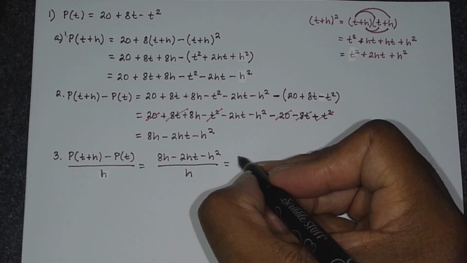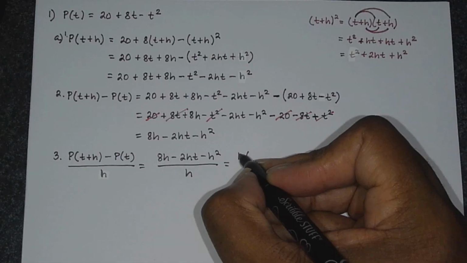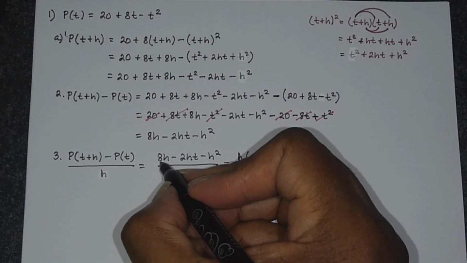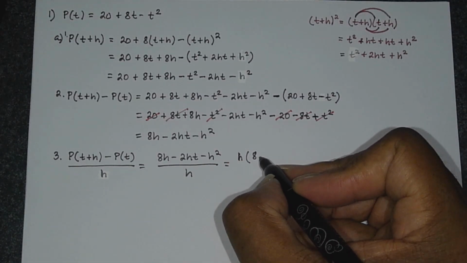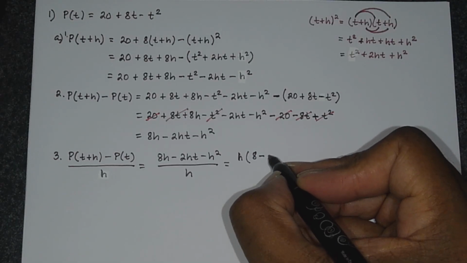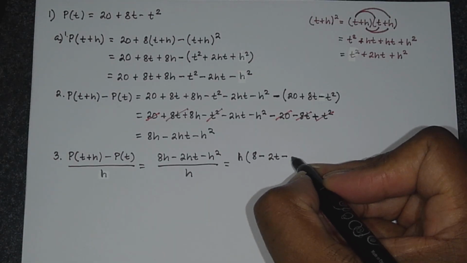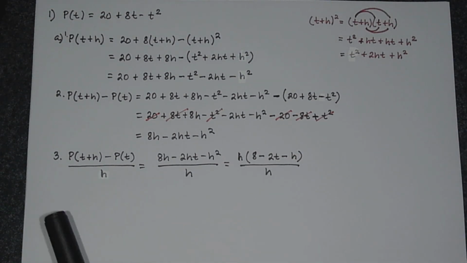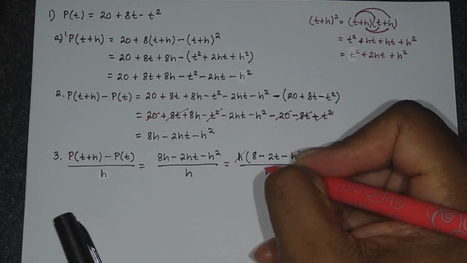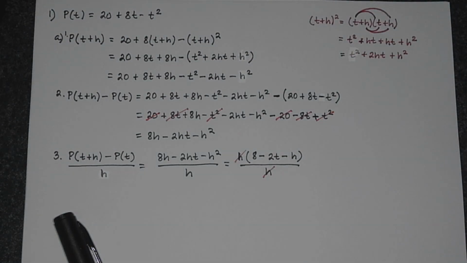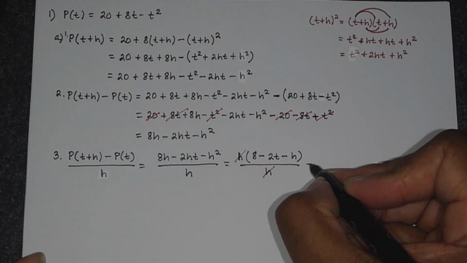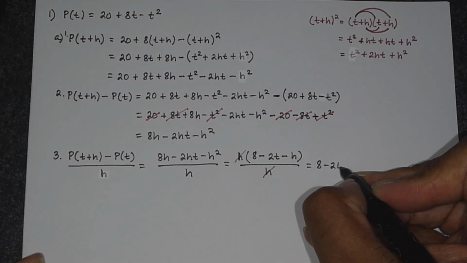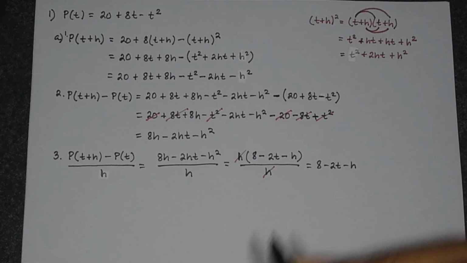An H. So if I factor out that H, I'm going to be left with 8H divided by H, which will be 8, minus 2HT divided by H will be 2T, minus H squared divided by H will be H. All that's divided by H. Those H's divide out in the numerator and the denominator. I'll be left with 8 minus 2T minus H. So that was step number 3.